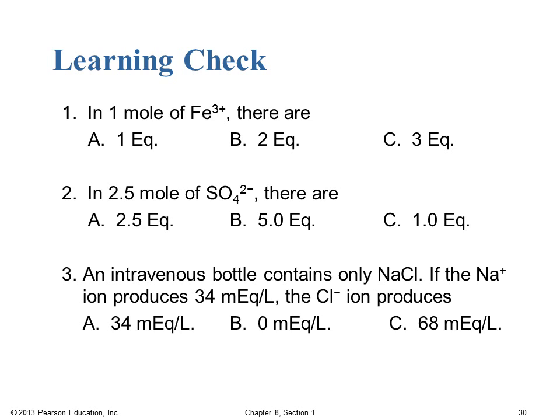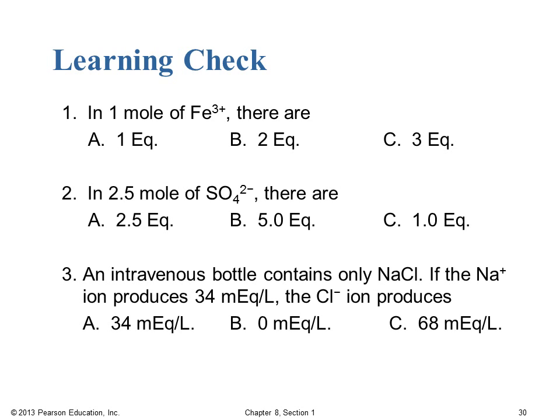So here it wants us to go through how many equivalents there are for each of these examples. If we have 1 mole of iron ions that have a +3 charge, we have to multiply the moles times the charge. So we have 1 mole times a +3 charge, and we get 3 equivalents.